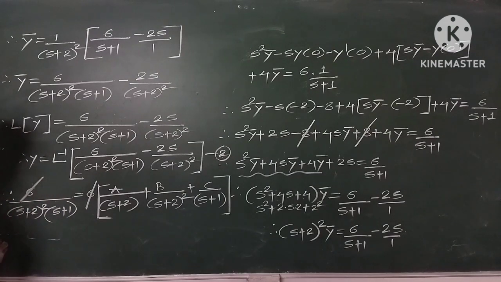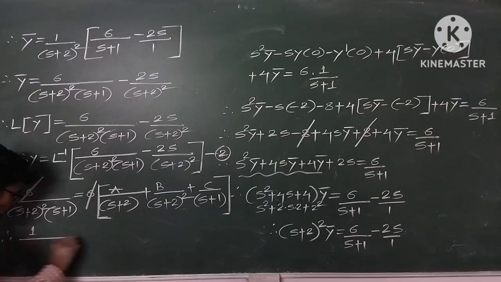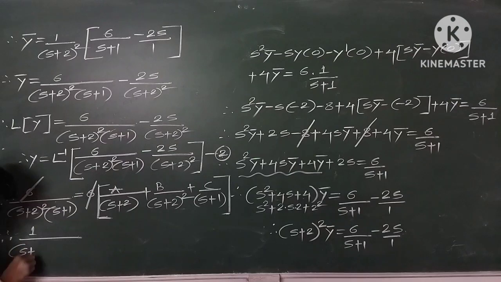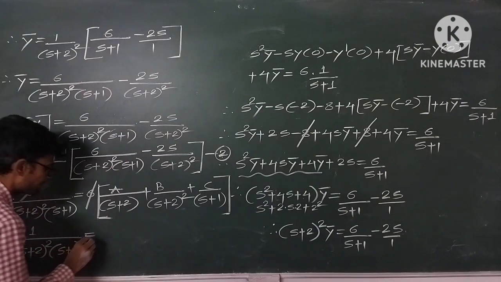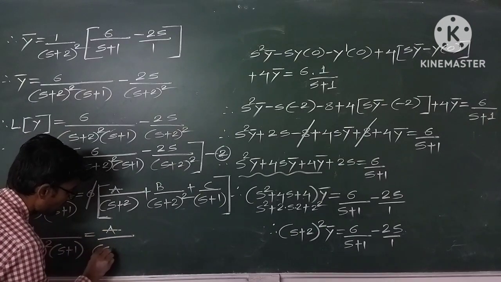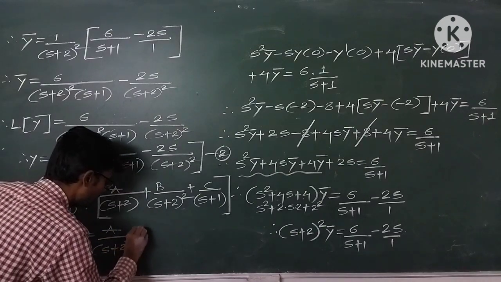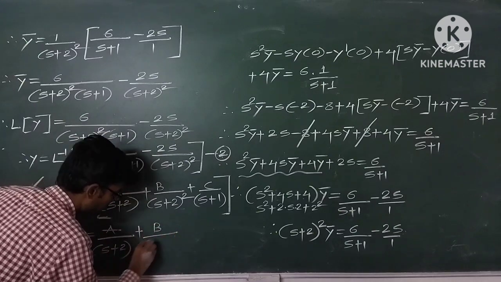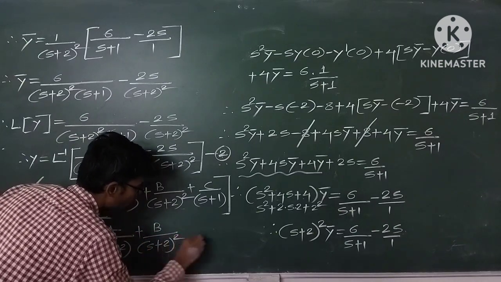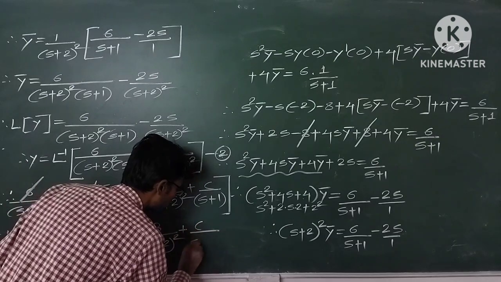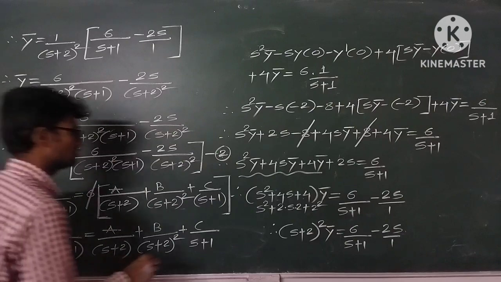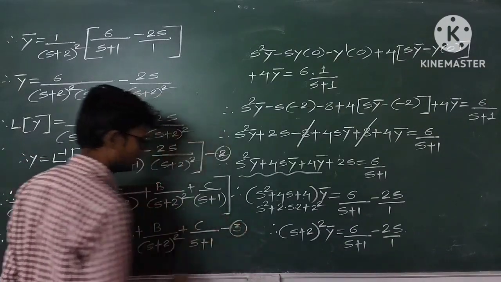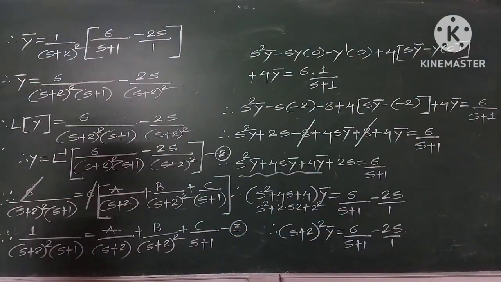Therefore you will get 1 divided by (s plus 2) whole square into (s plus 1) is equal to A divided by (s plus 2) plus B divided by (s plus 2) whole square plus C divided by (s plus 1). Call this equation number 3.